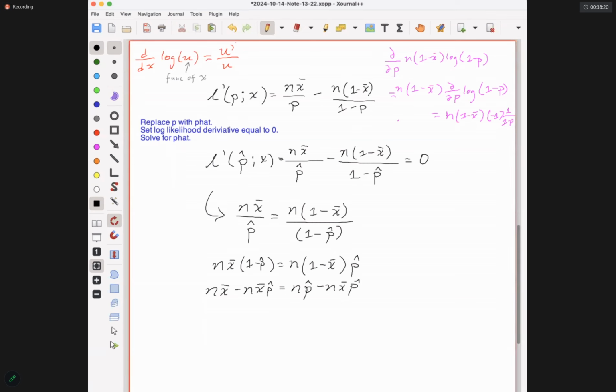Does this make sense? Yeah, I just expanded this whole thing. And then what do I simplify in the next step here?